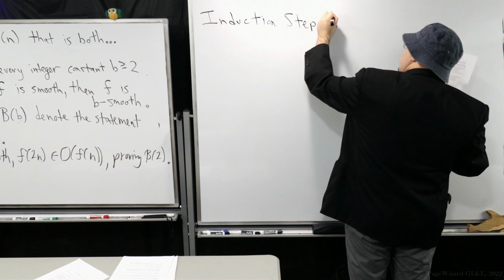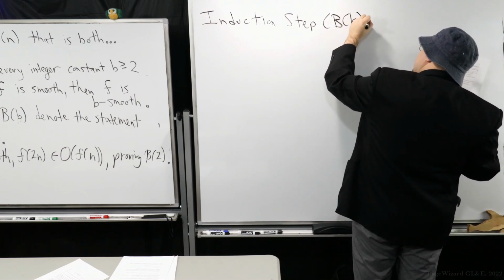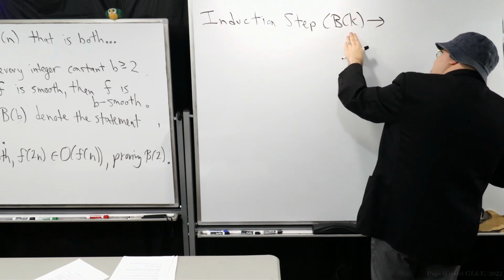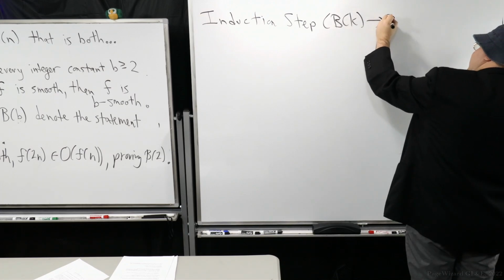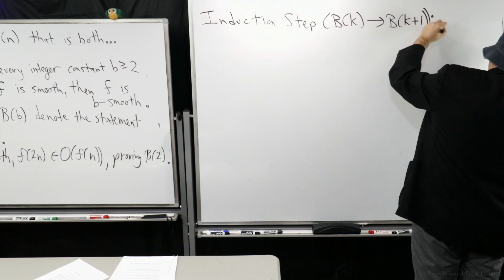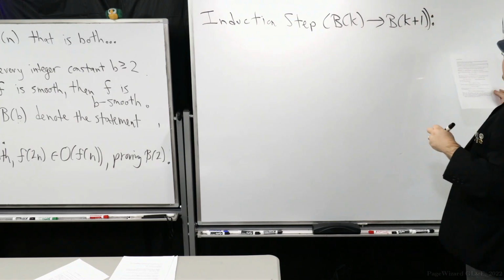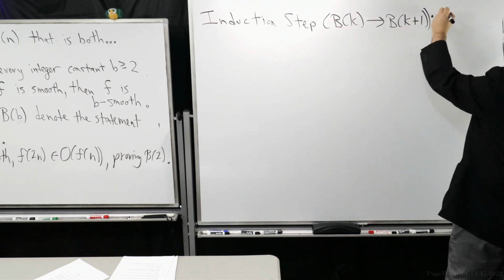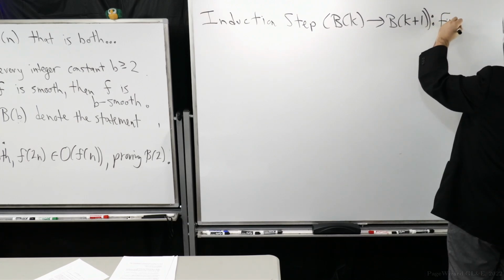So we're going to be proving that if b of k is true, then b of k plus 1 has to follow from it. So we're going to fix some k greater or equal to 2.